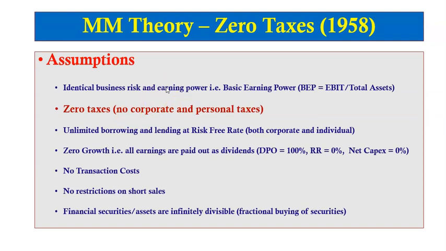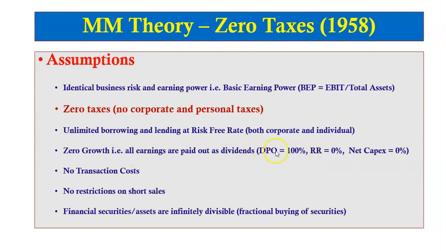that the business risk and earning power, that is efficiency of the firms in utilizing economic resources, is the same. Both individuals and corporate firms are able to borrow and lend at the risk-free rate an unlimited amount of money. There is zero growth, that is all earnings are paid out as dividends.